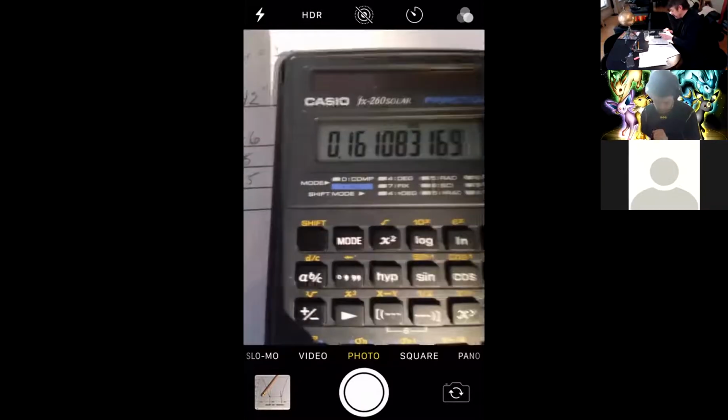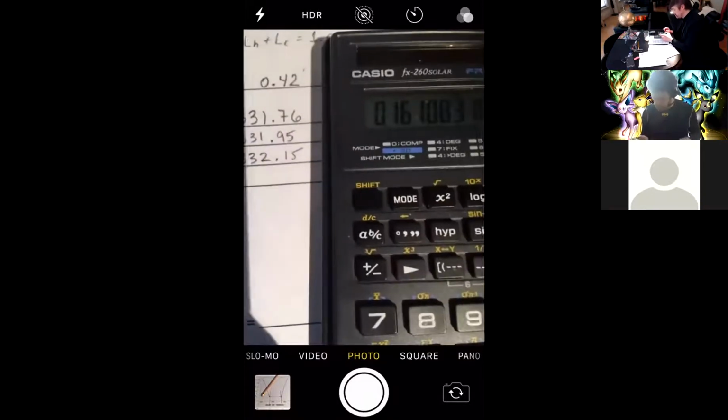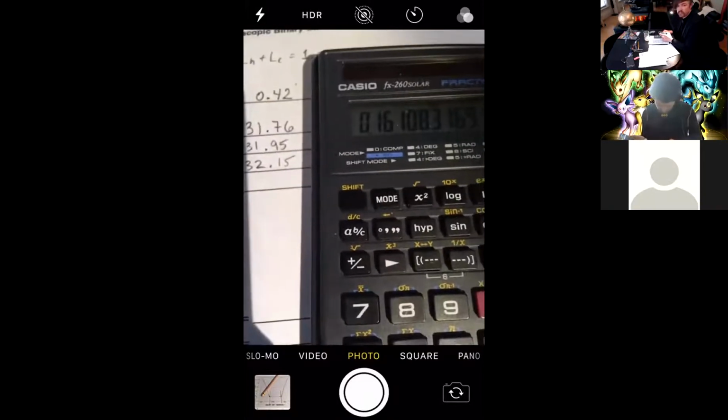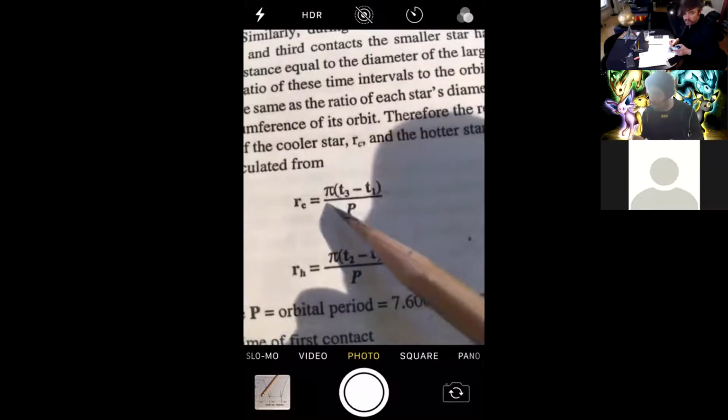Is that what you got, Riker? Nope. What'd you get? I got 195.12. Did you use parentheses like the big boy told you? No, I did not. Then that's why you got it wrong.